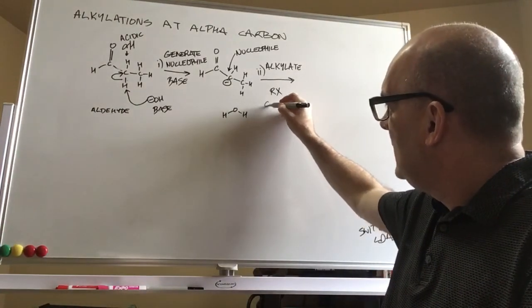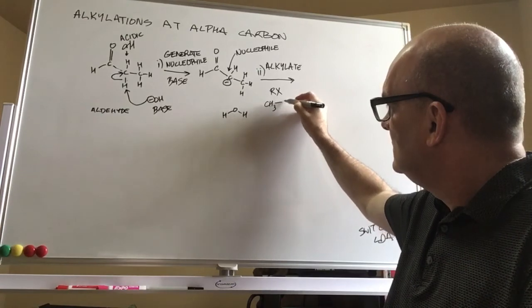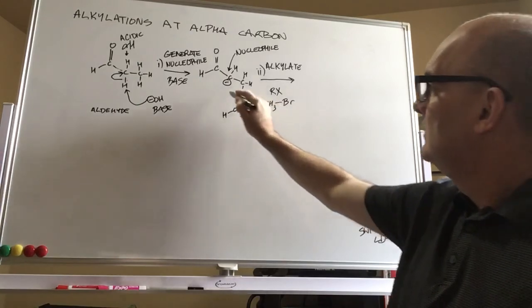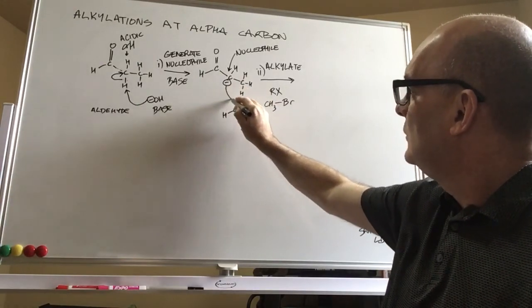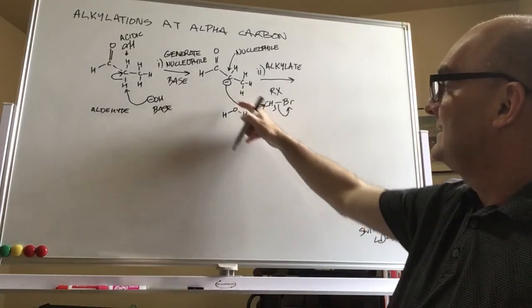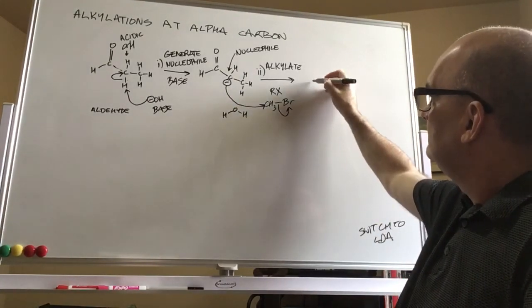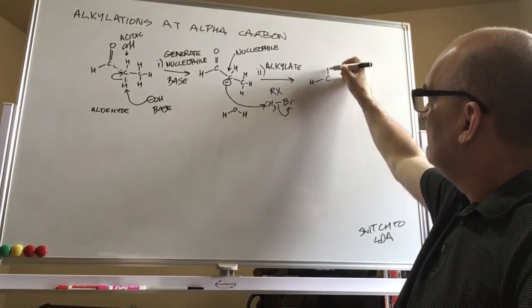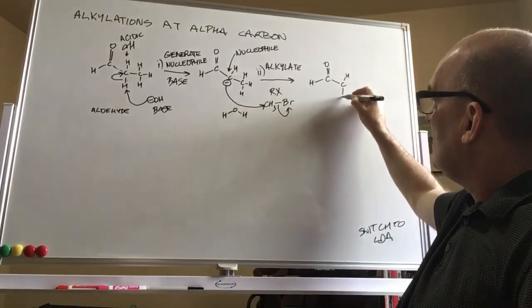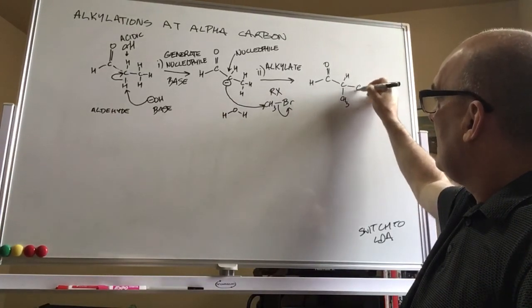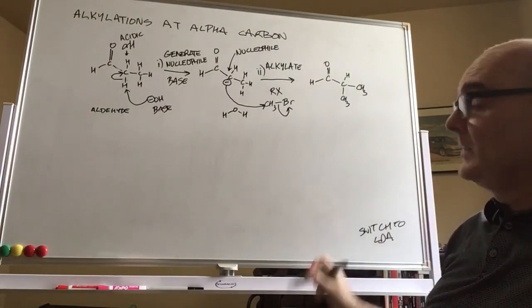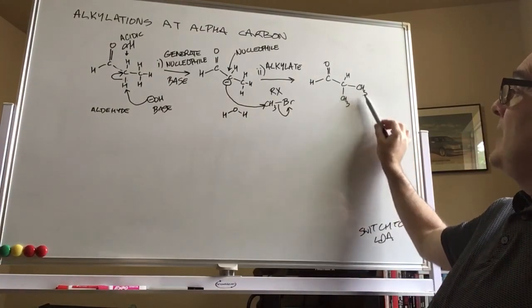So let's make this bromomethane. And in step 2, the nucleophile reaches out. There's an SN2 here. And I still have an aldehyde, but now my aldehyde is branched.